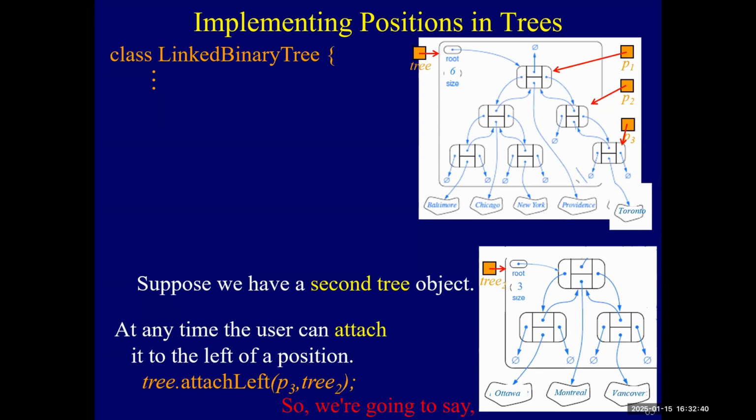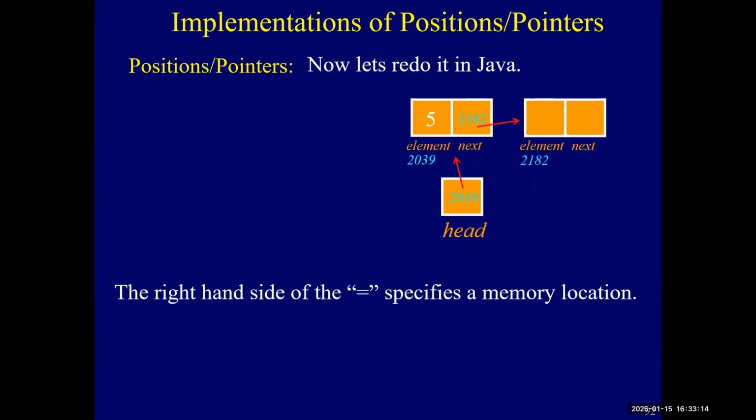So we're going to say, hey, top tree, we want to add a subtree to you. We're going to call your routine called attach left. And what are we going to give you? We're going to give you a pointer that we specify that node over there with P3. And where are you going to put it? We're going to attach it on the left. And who are we going to attach? We're going to attach the entire tree.